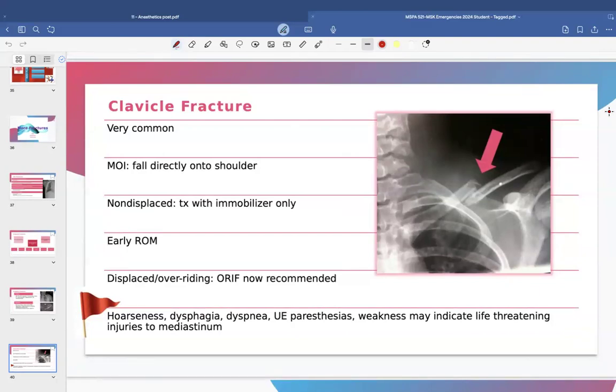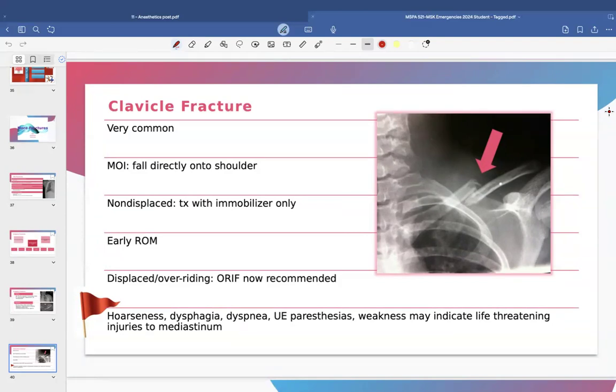A lot of times they're going to be treated non-operatively in an immobilizer. Kids heal great. You want to have them do early range of motion. But if it is really displaced, like this one, they may need fixation to align the bones back up.